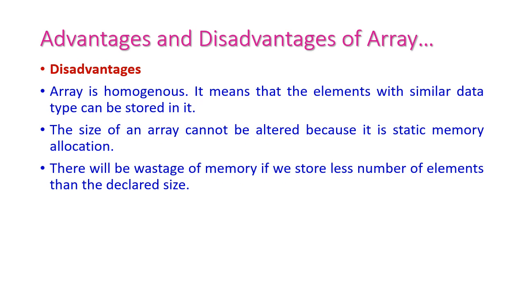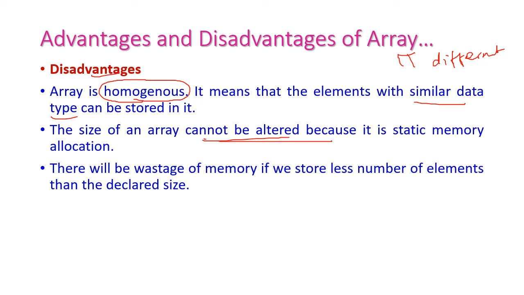And these are the disadvantages of arrays. Array is homogeneous. Homogeneous means all the data items should be of similar data type. The array cannot support storing different data types. The size of array cannot be altered.